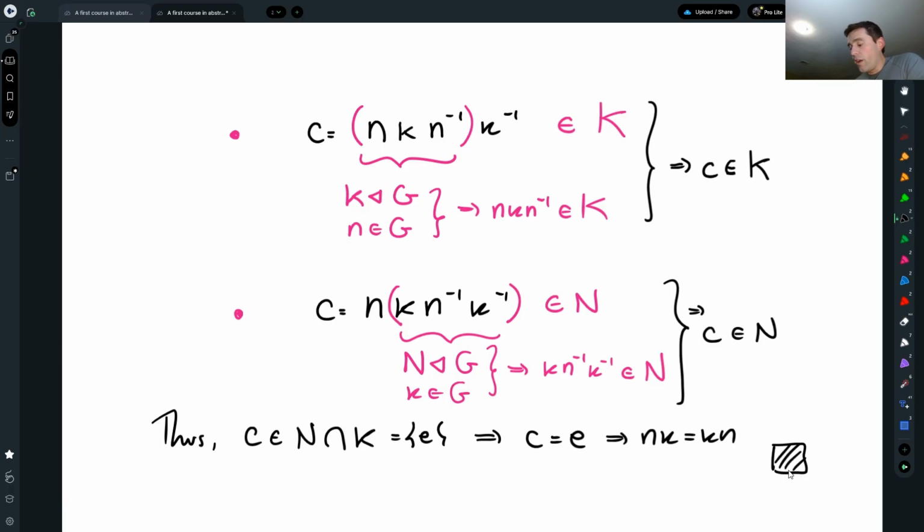Since that was an arbitrary n and an arbitrary k, every element in the normal subgroups N and K commute. And that's it. That's the proof. And I think it's really cool that it's just a proof by parentheses. You're just putting parentheses in the right place, and then the proof follows.